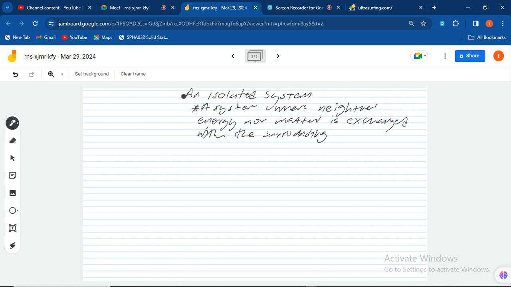Neither energy nor matter is exchanged with the surrounding. That is an isolated system.